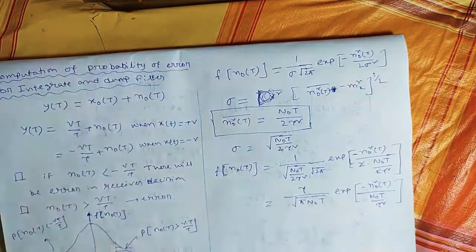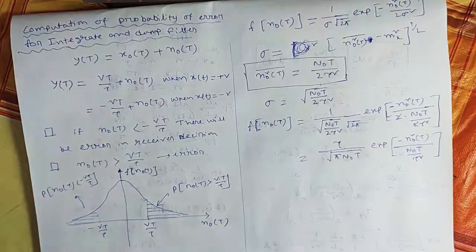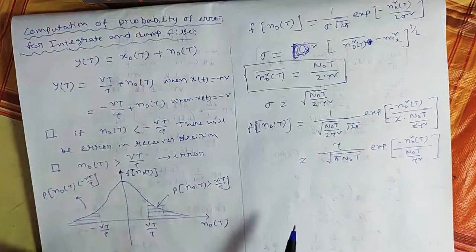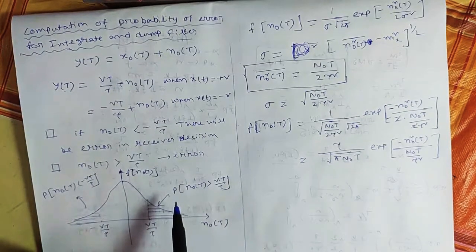So that will be the density function for n0(t), and we need to determine the probability of error for this case.